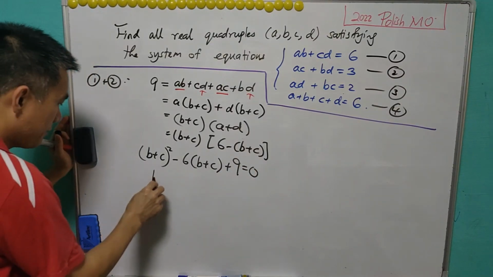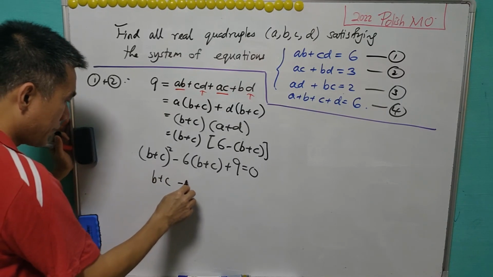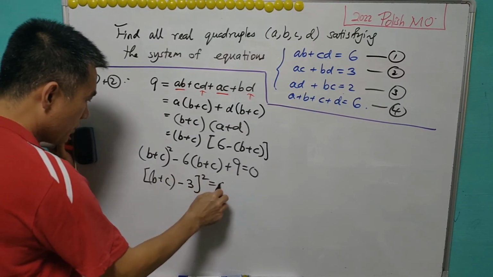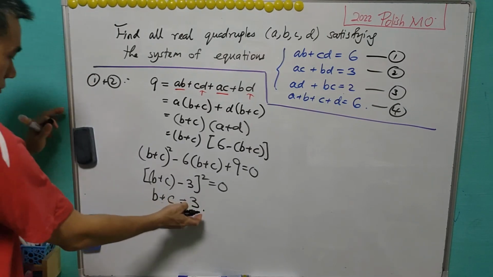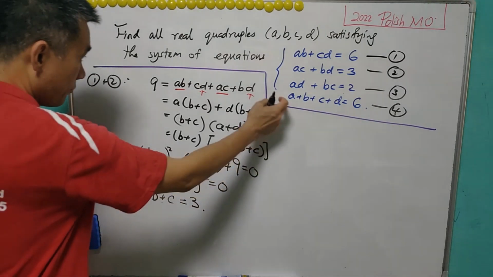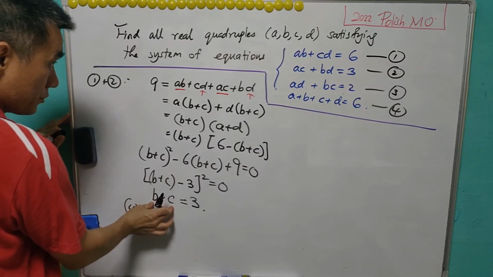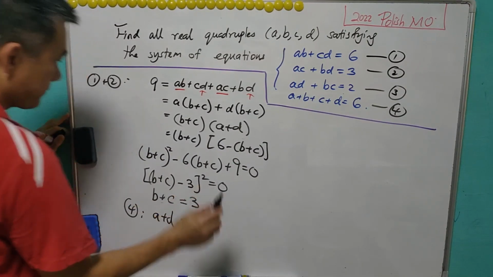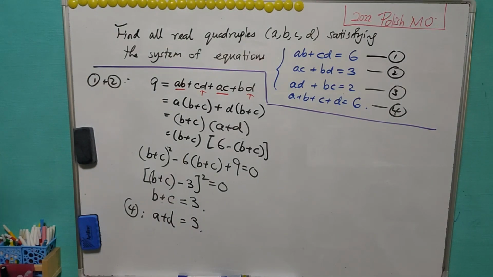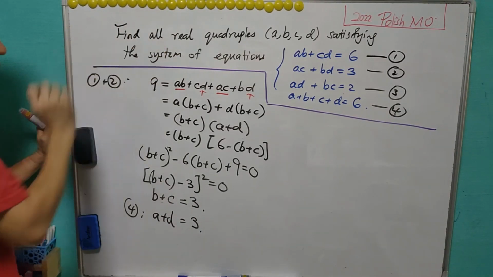So (B + C − 3)² = 0, which means that B + C has to be equal to 3. And from 4 again, B + C equals 3, so A + D also equals 3.